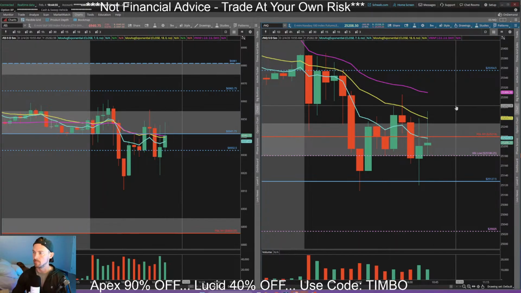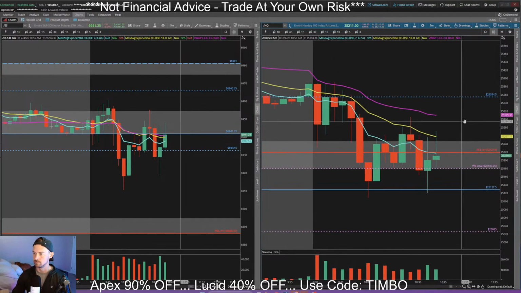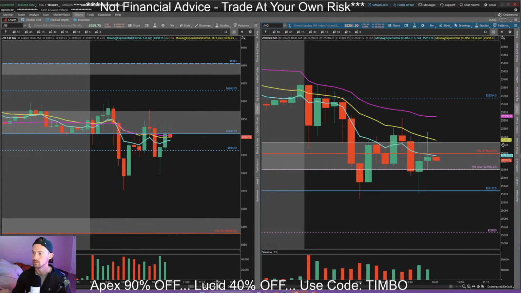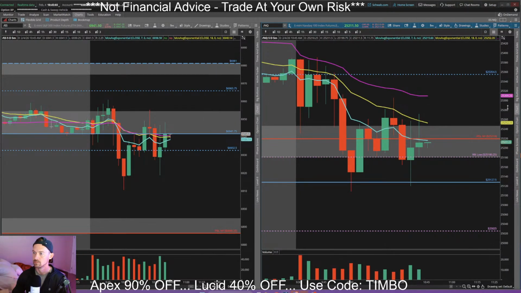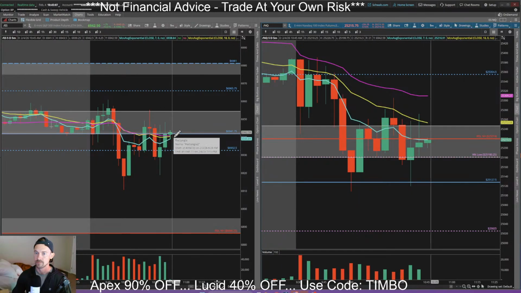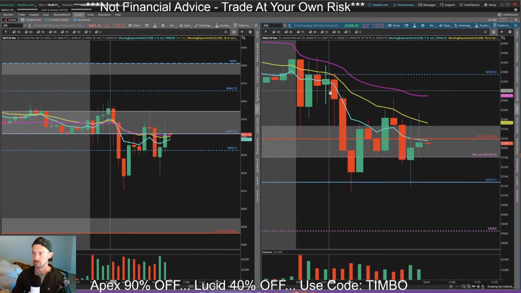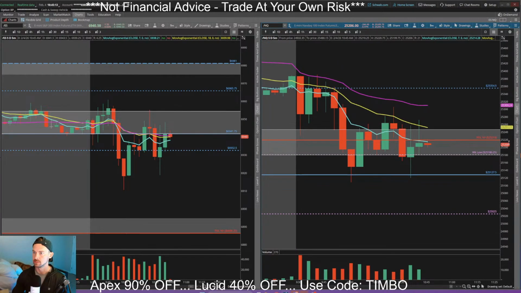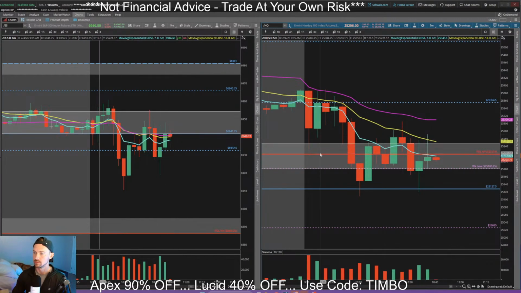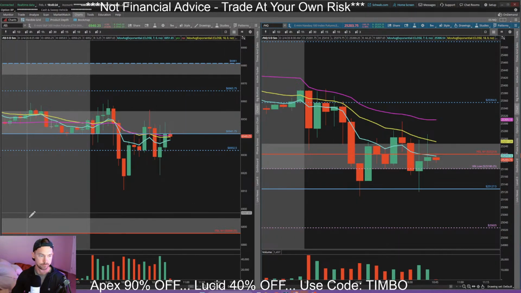Just gonna get rid of that. ES is trying to hold up. NQ definitely looks a little weaker than ES. So we'll see if ES wants to push.